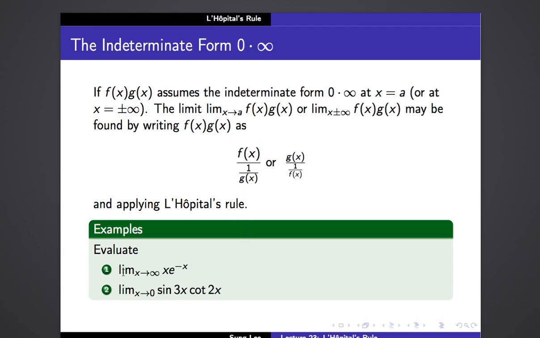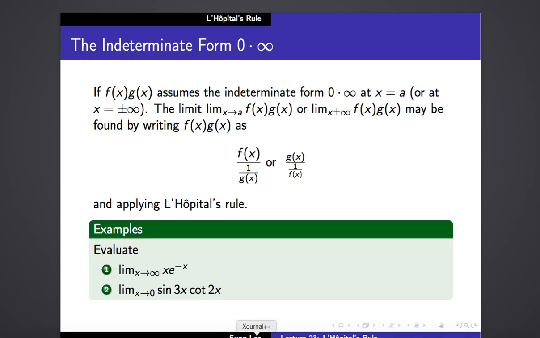So here are the examples, okay? Limit of x times e to the negative x when x goes to infinity. And also we want to calculate sine of 3x times cotangent of 2x when x approaches 0. Okay, so we are going to calculate these examples one by one.